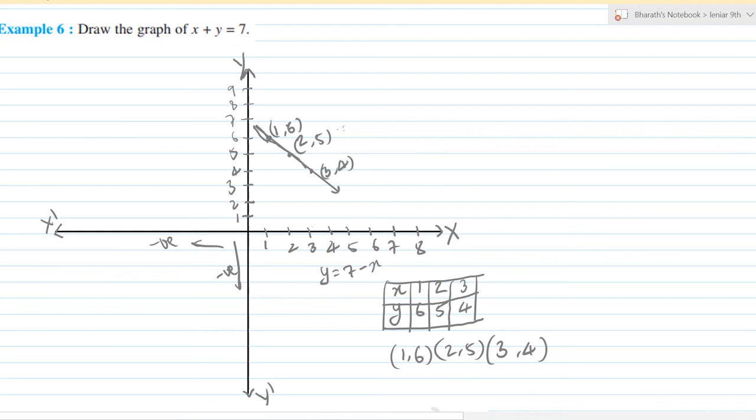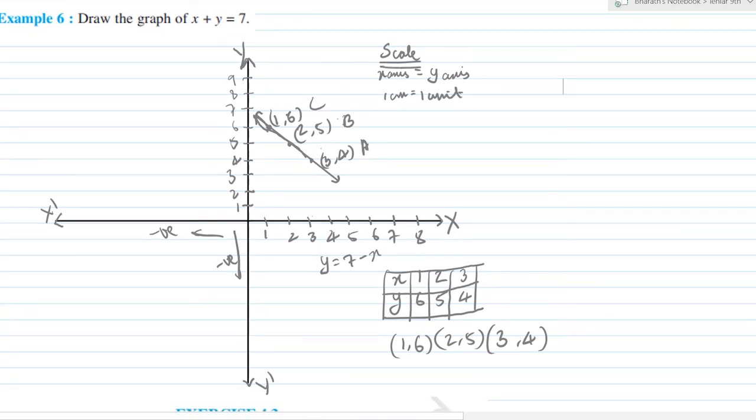Now this line is not stopping anywhere, so put arrows on it. Always write the scale: x axis is equal to y axis, because you are taking 1 as the unit, so 1 centimeter is equal to 1 unit, because in a graph 1 box or 1 centimeter is 1 unit, right?